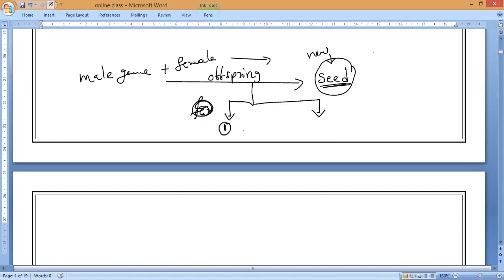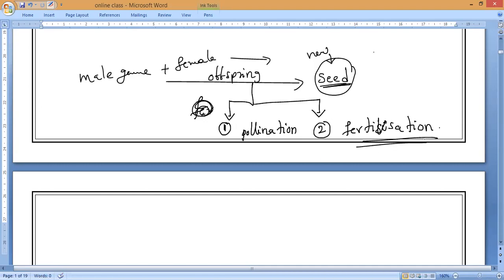The first stage is pollination. What is the first step, guys? Pollination, and the second step is called fertilization. Remember everyone. The stages of sexual reproduction in flowers are pollination and fertilization.